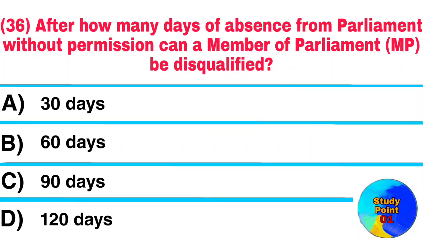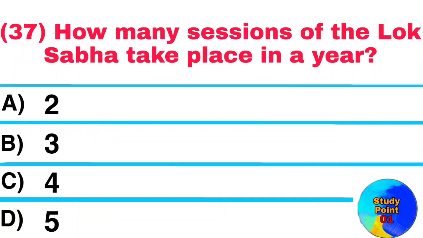Question. After how many days of absence from Parliament without permission can a Member of Parliament (MP) be disqualified? A. 30 days. B. 60 days. C. 90 days. D. 120 days. Answer. 60 days. Question. How many sessions of the Lok Sabha take place in a year?